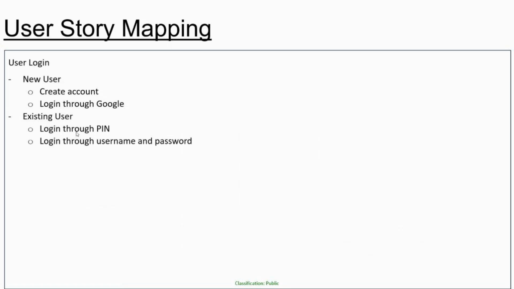Login through pin, if that is a user story, how will you write it? You'll say, as a user or as a customer, I want to log in using my pin method as an existing user, so that I can utilize the option of creating an order in the app. Okay, that can be a user story. And within that acceptance criteria, you'll say that the pin entered cannot be wrong beyond 3 times.